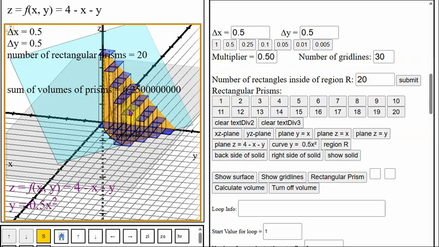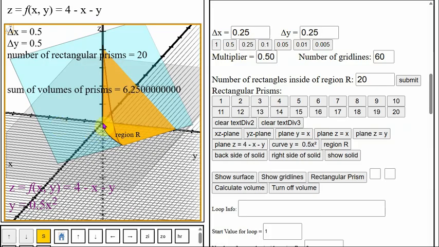And then to get a better approximation for the volume of the solid, what we can do is decrease the size of delta x and delta y, meaning make the length of each rectangle and the width of each rectangle smaller. For example, I'm going to make the length and the width of each rectangle 0.25 and 0.25 instead of 0.5.